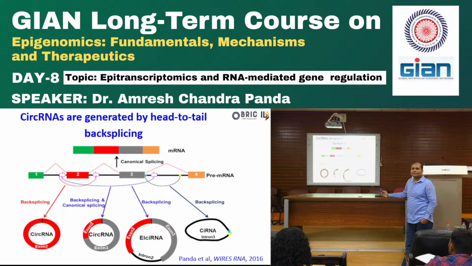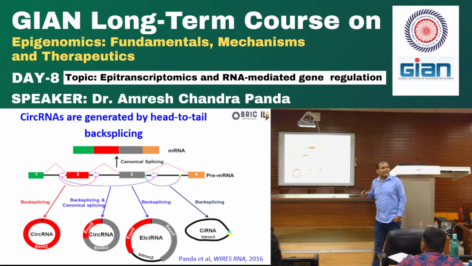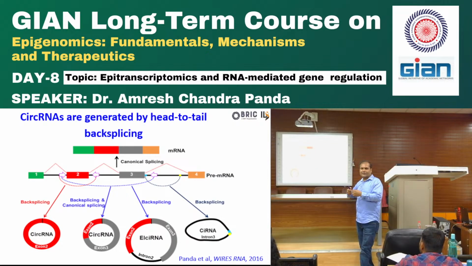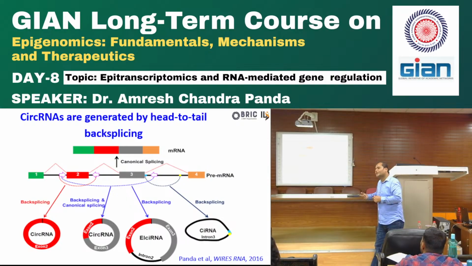But there the debranching enzyme can degrade the branch point so that the intron now has the 5' and 3' ends and the exonuclease can degrade it. Okay, but in case of circRNA, there are elements in the intron that make them stable. They make them resistant to the debranching enzyme, so they are not degraded, and they remain as stable circles.